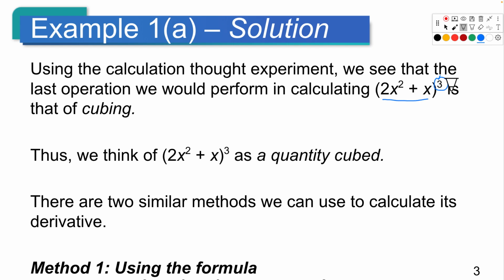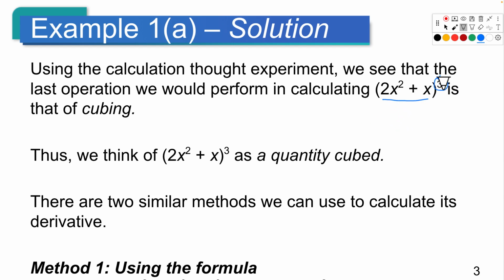So there's an outside part and an inside part. And when we take its derivative, again, we could do it in either order, but we're going to take two derivatives: a derivative of the outside part, and then we're going to multiply that times the derivative of the inside part. So I'll just do this here.